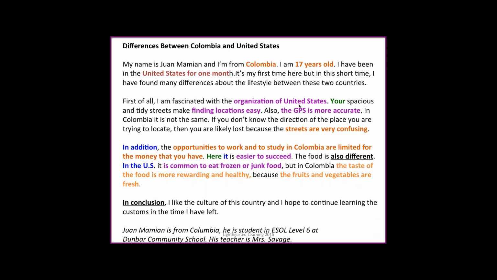Notice that in addition, this is on the third paragraph, the opportunities to work and to study in Columbia are limited for the money that you have. This is actually an incorrect word choice, but I would want to ask the students about that and how they might change it. I highlighted and underlined in black those items that were expressions that the students would want to make use of.